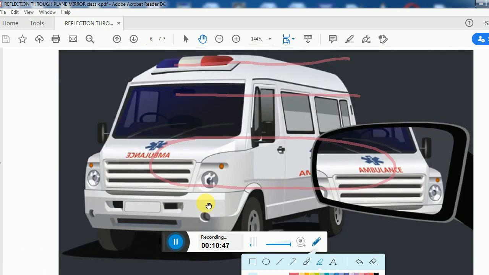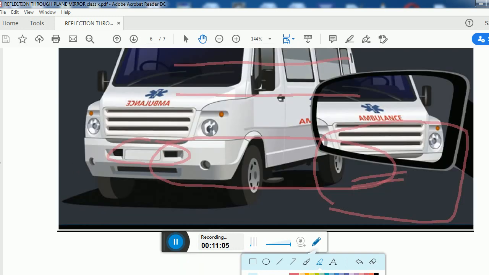You also observe this several times. Ambulance is written in this way, and after reflection in the mirror, see, this is the mirror, and you see how the ambulance is written. Because of the lateral inversion, it looks like this.